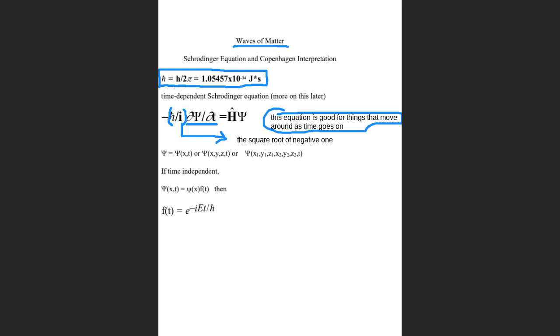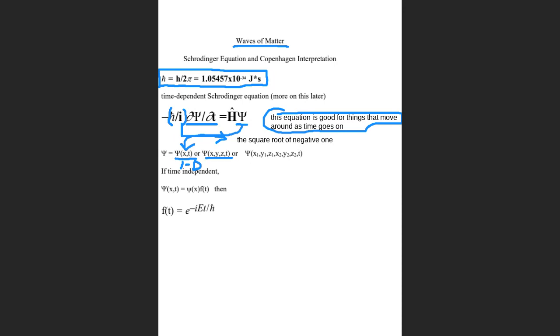Okay, so this function, which changes with time, must be a function of position and time. Here it's a one-dimensional possibility, and for a one-dimensional object, the coordinates would be x and t.